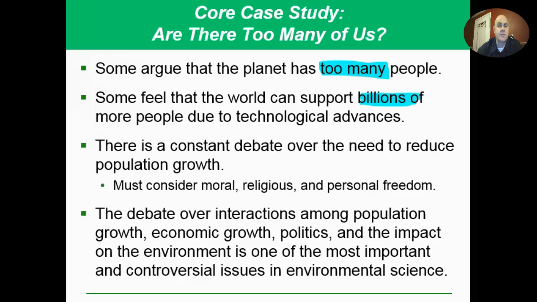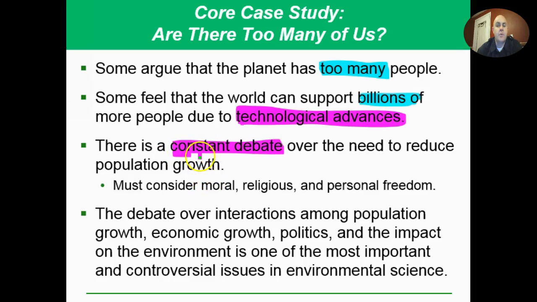And so those are all up for debate. The truth of the matter is nobody knows for sure, but technological advances help us to create more food and more opportunities for people so we can have more people live longer on the planet. So the question is a constant debate of exactly what will be the case for population growth.